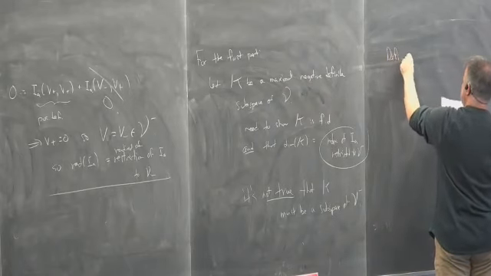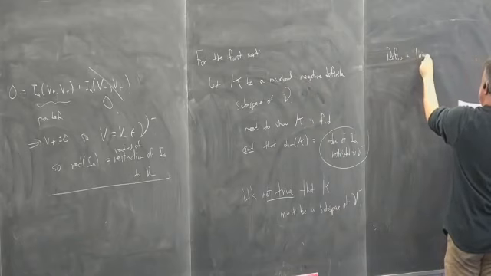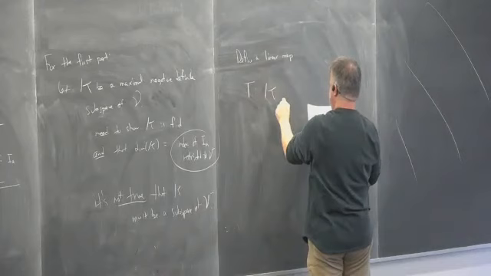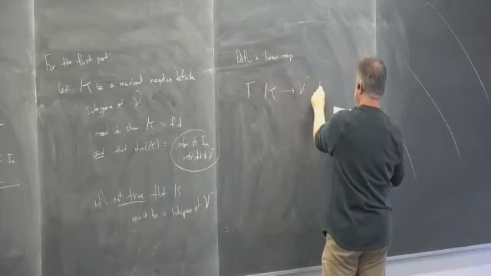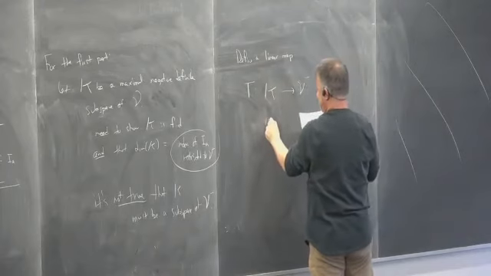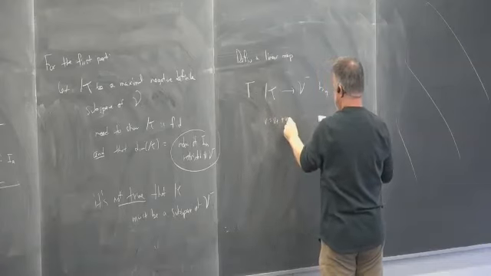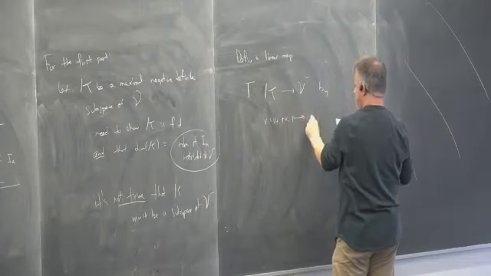Define a linear map T from K to V minus, where V, which is V plus V minus, is sent to V minus.